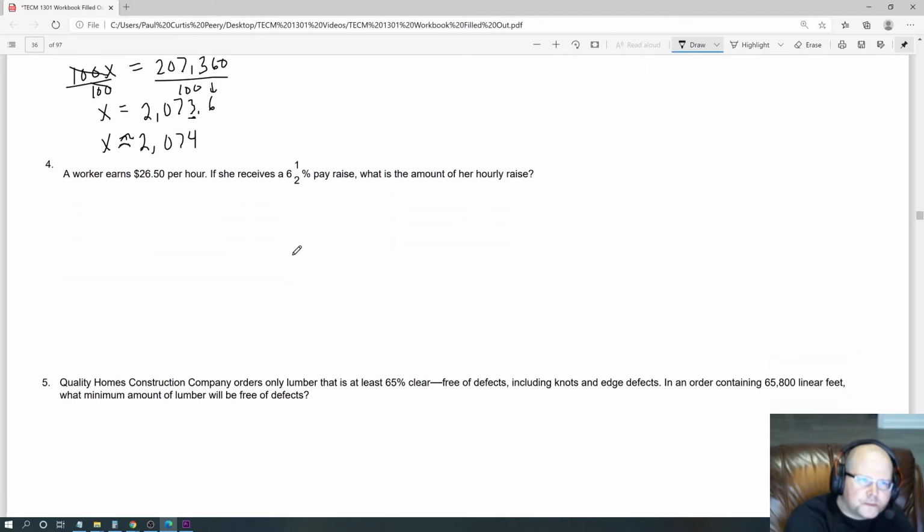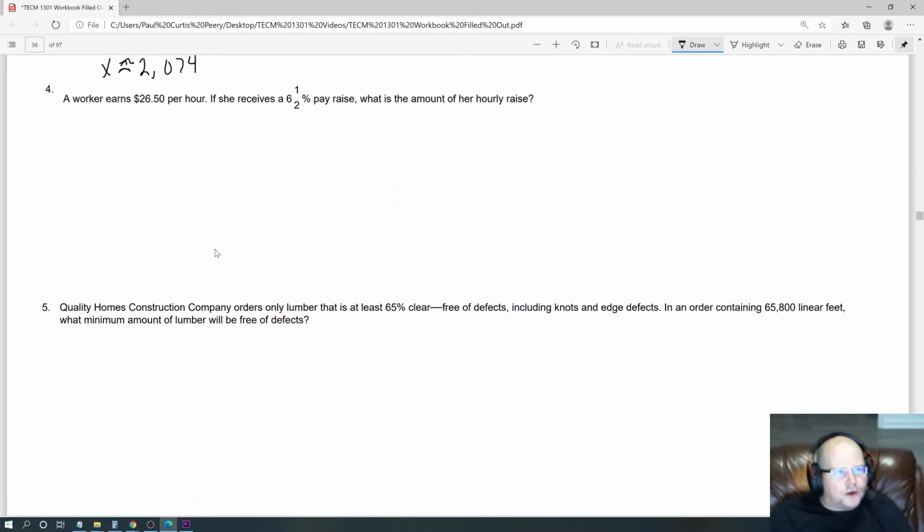Let's try the next one. A worker earns $26.50 per hour. If she received a 6.5% pay raise, what is the amount of her hourly raise? Okay, cool. So we know the total is this 26.5. We don't know the part. We know that the percent is 6.5, so let me put that over 100.